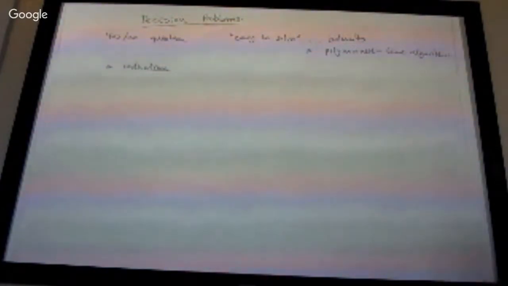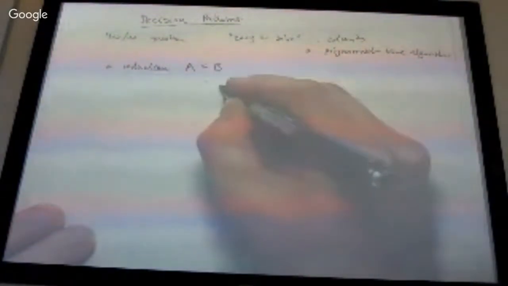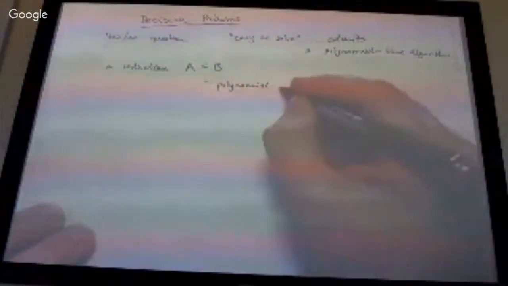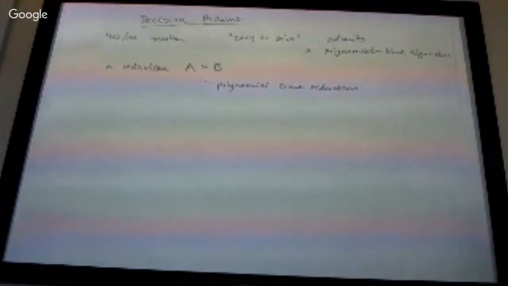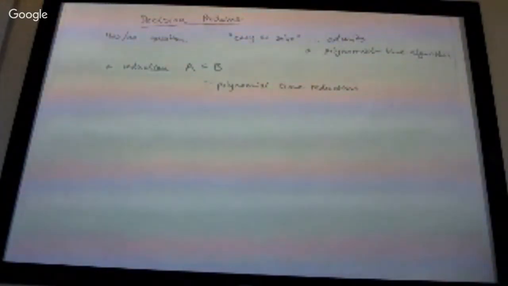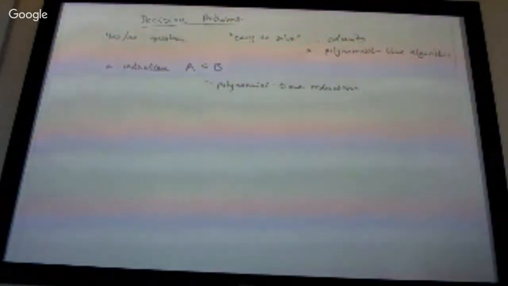How you can solve problem A using the box of problem B is called a reduction, where you reduce A to B. Now, this means that the reduction is polynomial time as well, so it can be done in an efficient way. Not so in the knapsack problem. There you're doing a reduction, but it's exponential time or exponential size. So this is the basic idea.